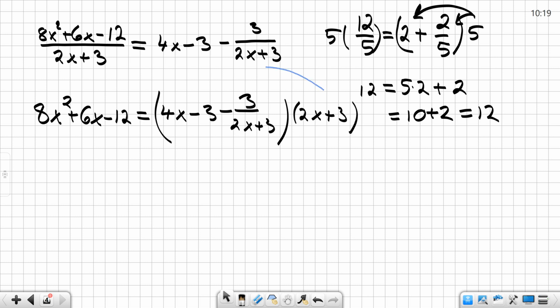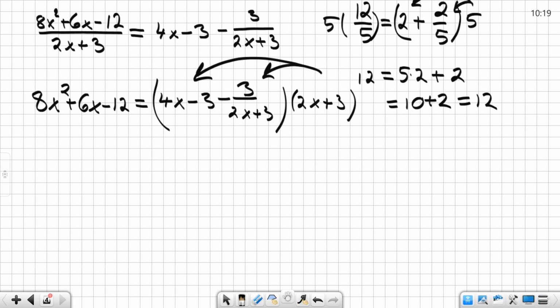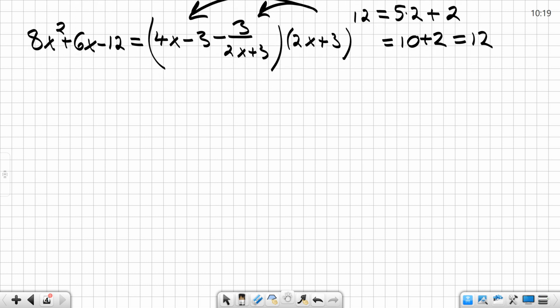So I will take this now and I will first multiply it with the first binomial, and then I will multiply it with this. And what I have is 4x minus 3 times 2x plus 3 minus, well, this 2x plus 3 will cancel out. I just have minus 3.